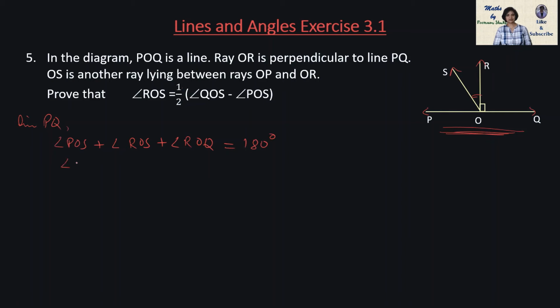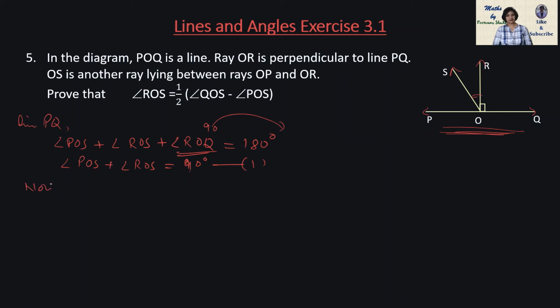So here we get angle POS plus angle ROS equals 90 degrees, because this is a 90 degree angle, and 180 minus 90 becomes 90 degrees. You can write this as equation 1.